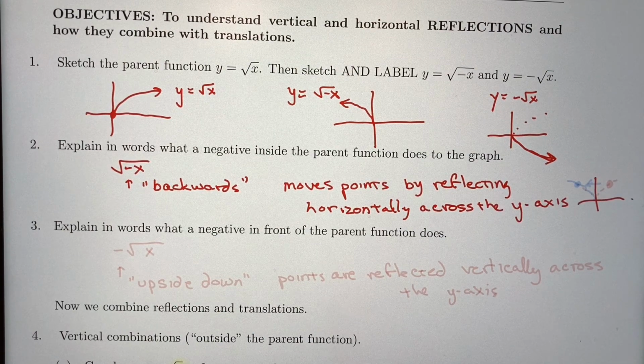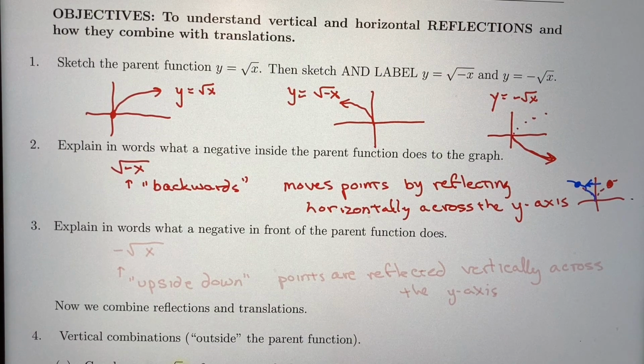So if you had a point over here, it gets flipped back across the y-axis, horizontally moved to the new point here on the curve.